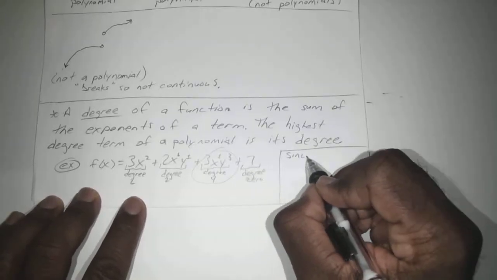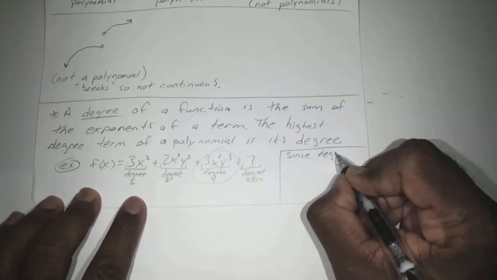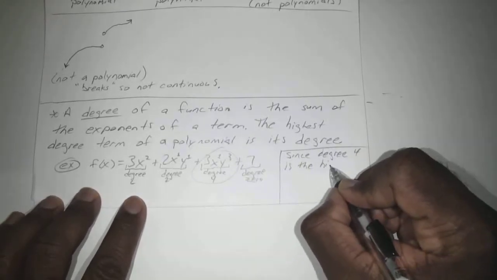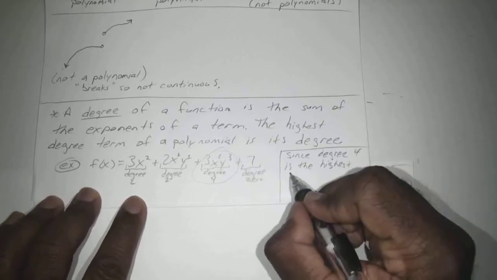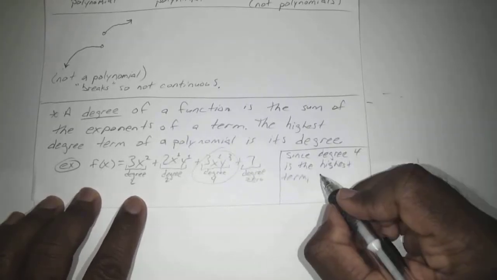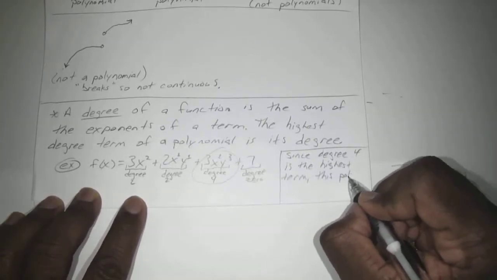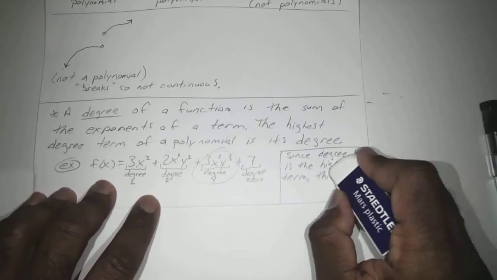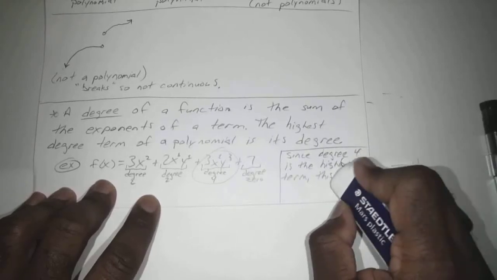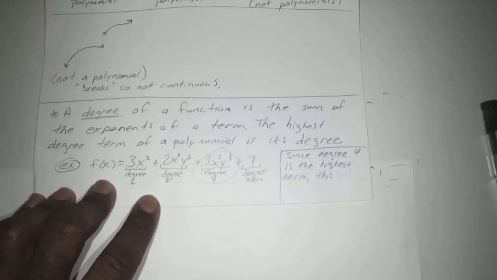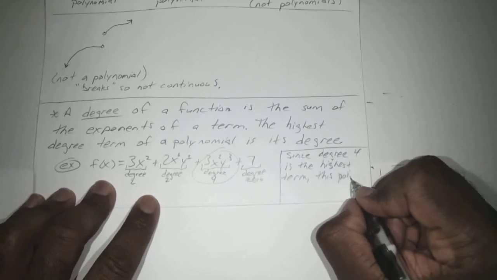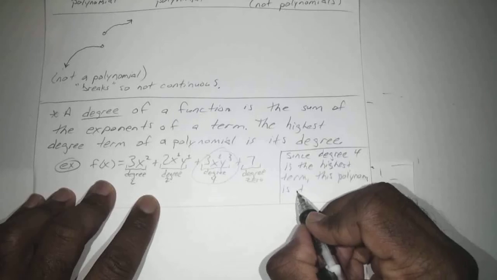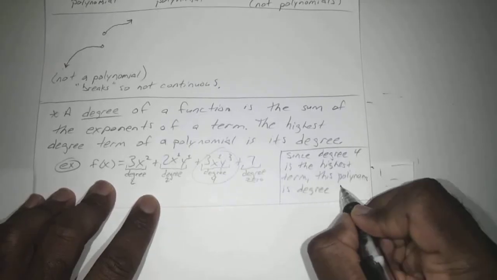So since degree 4 is the highest term, this polynomial, I'll just put an abbreviation for polynomial, is degree 4.